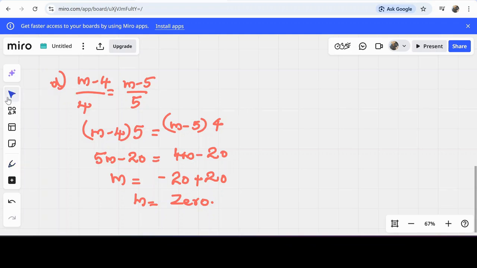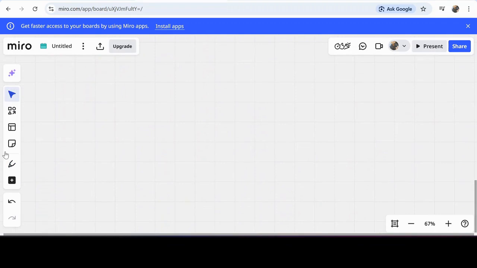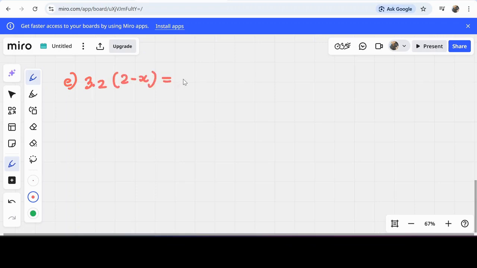Now the next question, E. Here they have given the question as 3.2 into 2 minus x, which is equal to 0.8 into 2x minus 4.